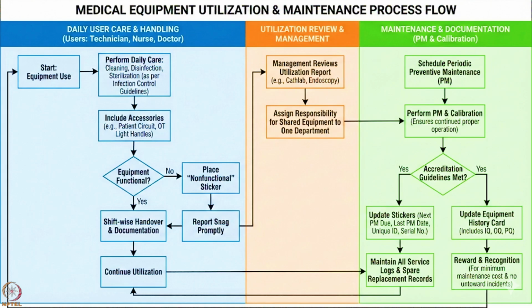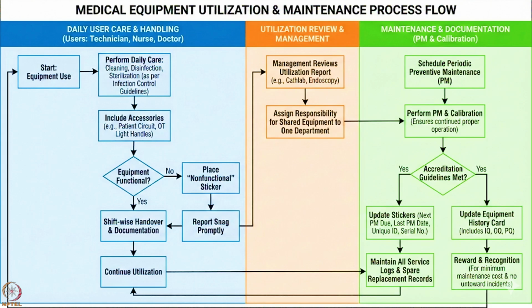If it is yes, you may go up with accreditation guidelines meeting, updated stickering or updated equipment history, which also gives us the importance of maintaining all service logs and spare replacement records, and a reward and recognition for minimum maintenance cost and no untoward incidents, which gives more of a benefit as a motivation.